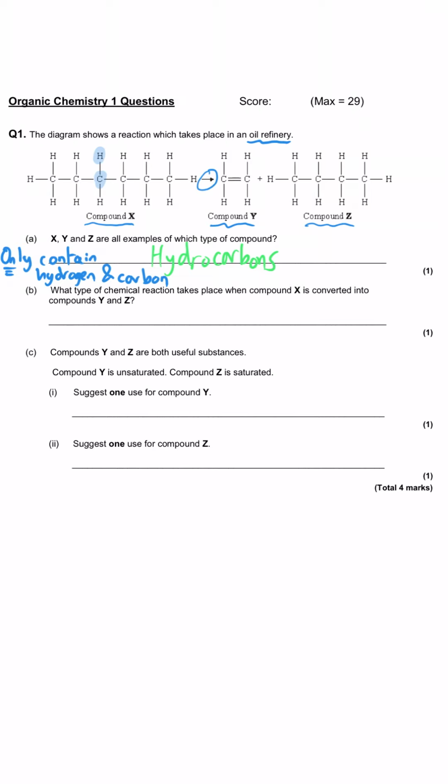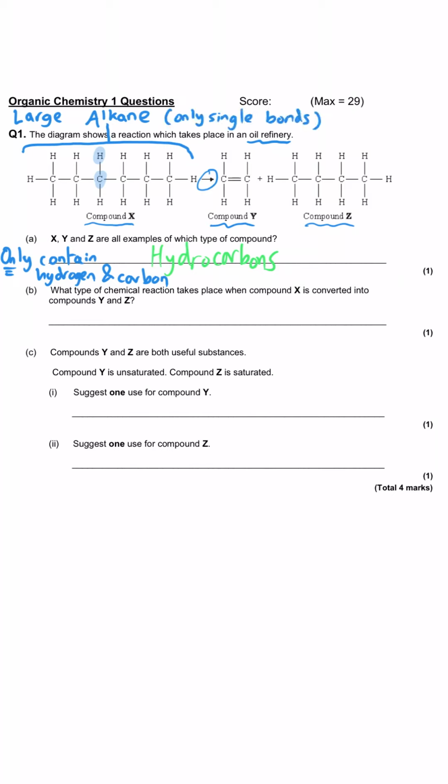And then the question asks us to delve more deeply into the actual reaction, and it says what type of reaction is taking place. Well, on the left-hand side we've got a large hydrocarbon, and that is an alkane hydrocarbon, and we can tell that this is an alkane because there are only single bonds between the carbon atoms.